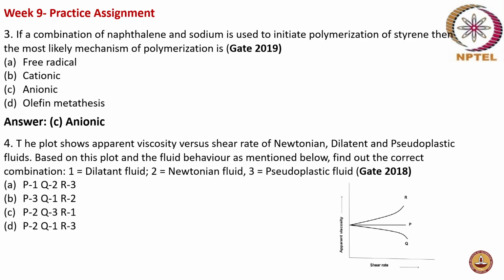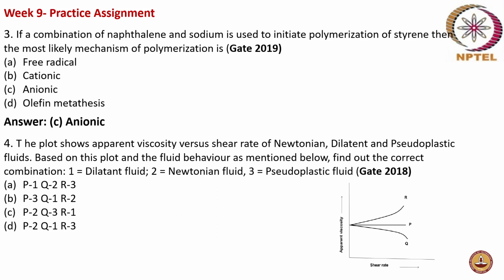Number one is dilatant fluid, number two is Newtonian fluid, and number three is pseudoplastic fluid. Now we have to identify which of the plots matches with dilatant, which one with Newtonian, and which one with pseudoplastic fluid.